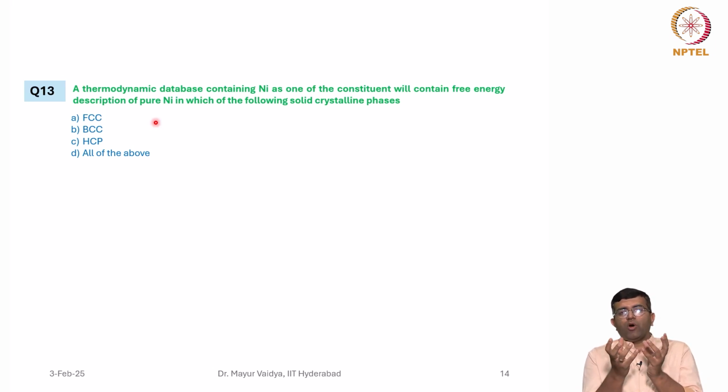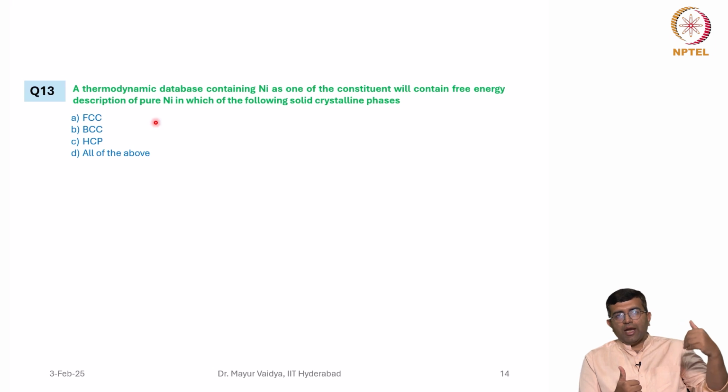Now, when you write the free energy expression for this alloy, the expression is of the type XA GA plus XB GB. So, you need the free energy of nickel in BCC form. However high or low it is, you need that quantity, the free energy of nickel in BCC form, in order to write the free energy expression of the BCC phase where nickel is added as a minority element.